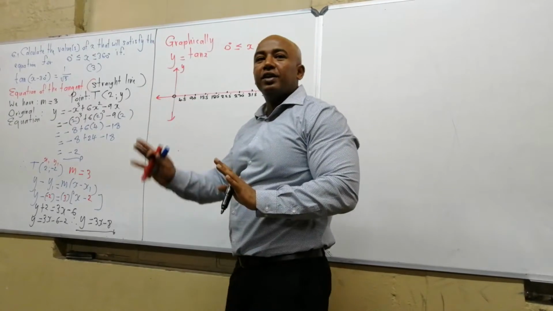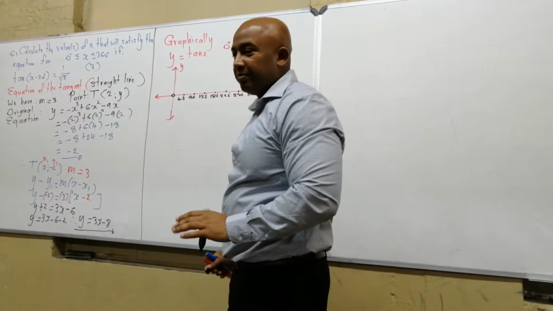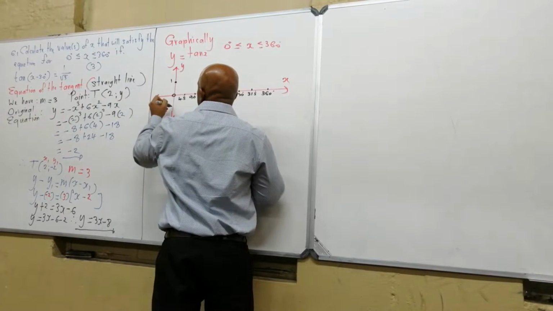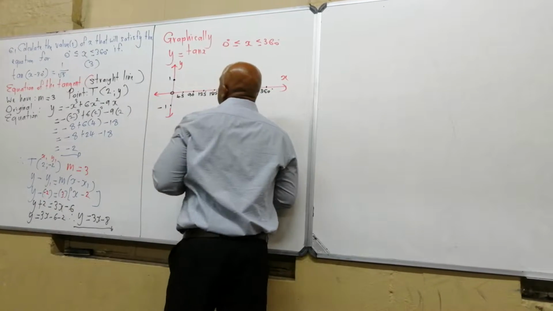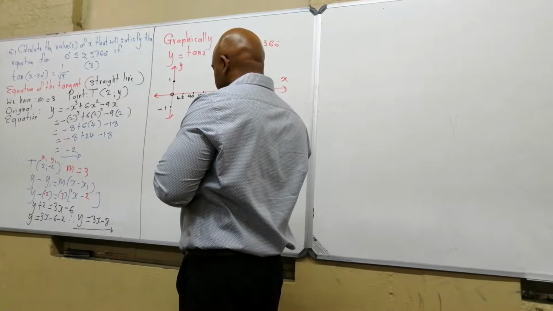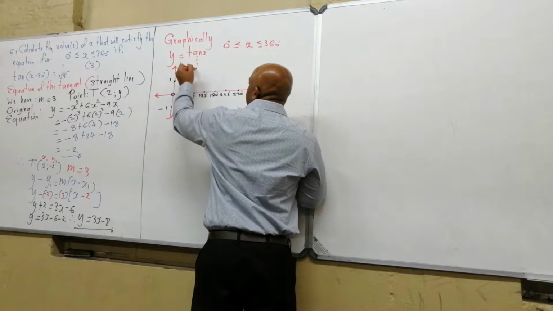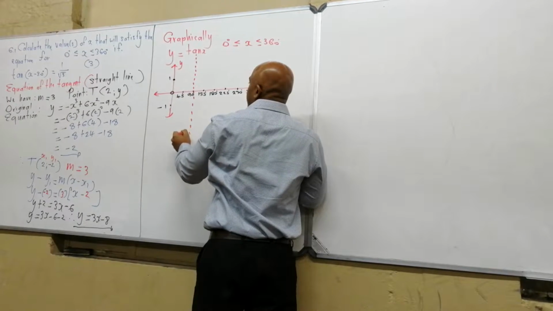I just want to show you a normal tan graph. Okay, so at 90 degrees, you're going to have an asymptote there.